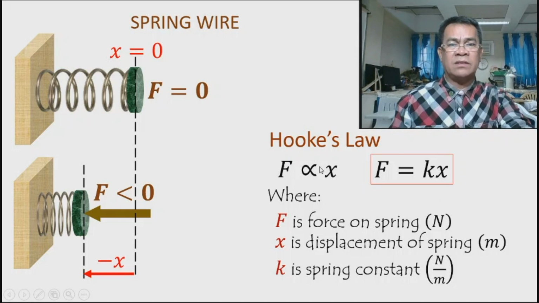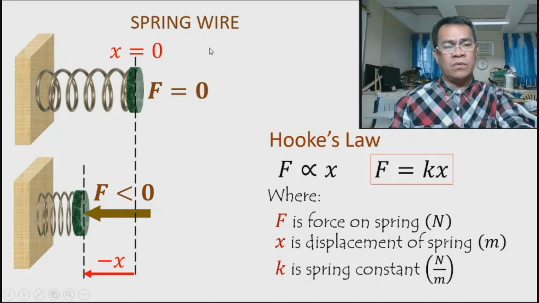We need this. Why? Because our task in this video is to calculate the work done by elastic force. Take note, this is an elastic force because this is the force applied on the spring. Elastic, because when you exert a force on it and release, it will return to its position. That's the elastic property, the behavior of the material.